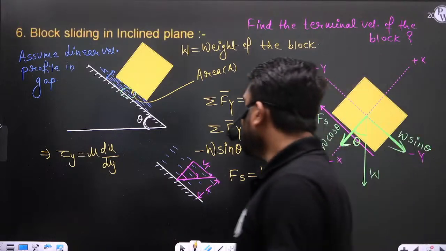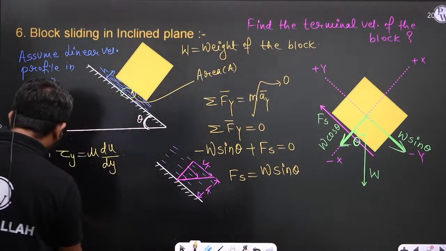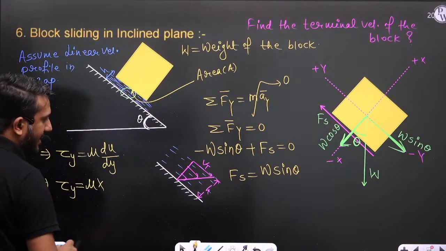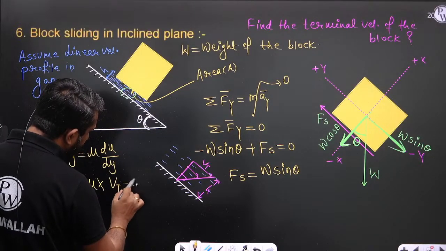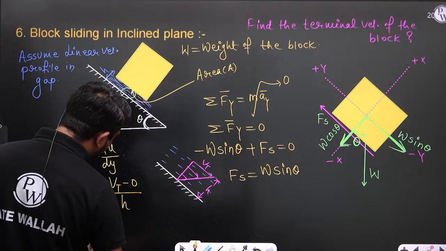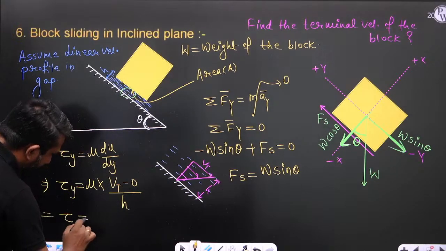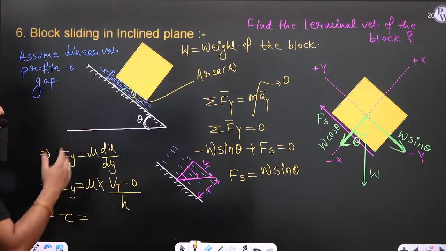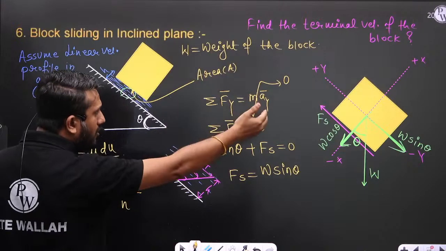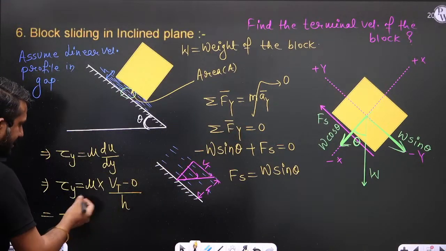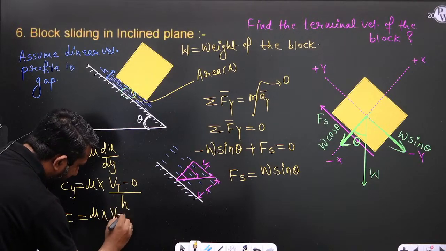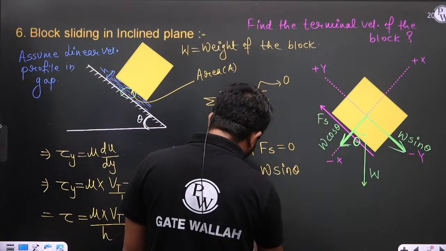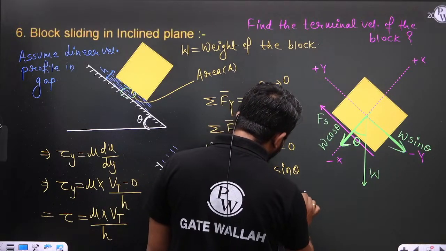Fine. Now, what is du by dy? For a linear velocity profile, simply we can write tau is mu multiplied by Vt minus 0 divided by the gap, which is H. If the velocity profile is linear, then each layer experiences the same shear stress, so the layer in contact with the block also experiences the same shear stress, which is mu Vt by H. Now Fs is tau multiplied by A, and this is equal to W sin theta.